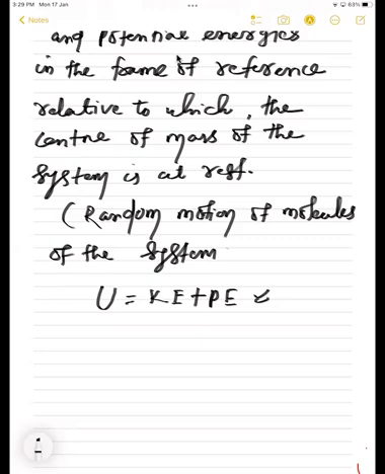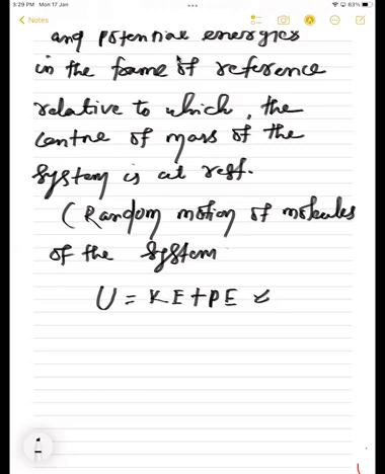Then we'll go to work. How to find work done when work is done on the system and when work is done by the system. Then we'll go to the indicator diagram, which is a very important part here. Then we'll go to the first law of thermodynamics. And students, the change in internal energy in a cyclic process: let a gas be moving from initial pressure, volume and temperature to some other state and then come back.